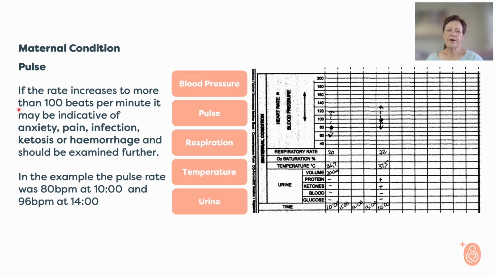But if this pulse persists to be over 100 beats per minute, we should look further for the reason why the pulse is so high, which might be anxiety, as I've said, pain, infection, ketosis, and we will come to ketosis also in more depth, and then obviously also hemorrhage is the one thing that we should definitely look out for when the patient is having a persistent high pulse. So here, for example, as we've said just now, the pulse was 80 beats per minute there and 100 beats per minute there.